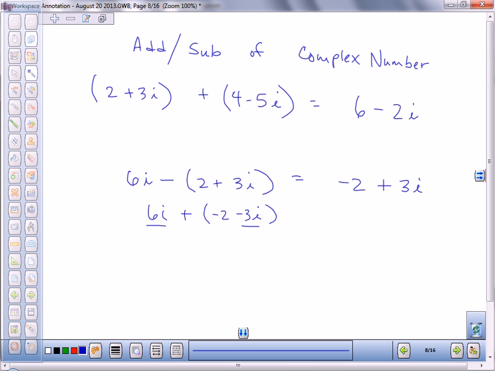I'll add my numbers with my numbers, my variables with my variables. But in this case, i is representing the imaginary unit. So the first number is our real number part, and the second number is our imaginary number part. And so when we add or subtract them, we're creating complex numbers. But you're right, just like combining like terms when we have constants and variables with or without coefficients.